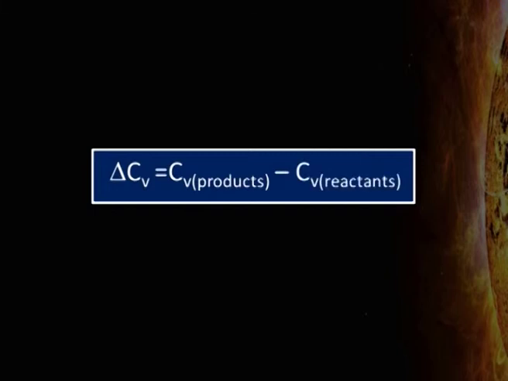That is, at constant volume, the heat change per degree change in temperature will be equal to delta Cv, which will be equal to Cv of products minus Cv of reactants. Here is an application of Kirchoff's equation.